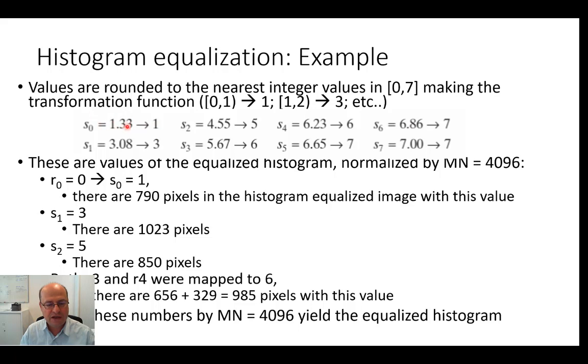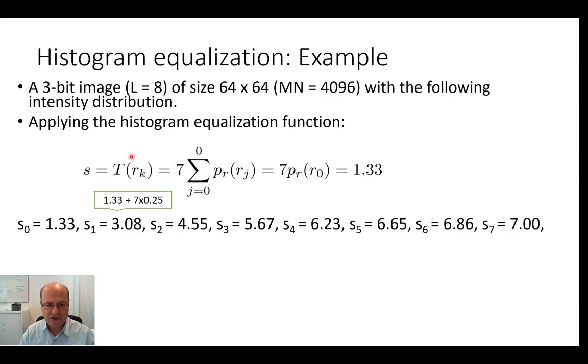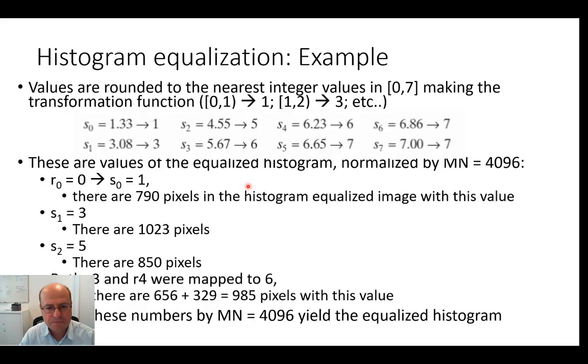Then in the output image, the values 0 are going to be mapped to 1, the values 1 are going to be mapped to 3, and the values 2 are going to be mapped to 5. And again, where did I get these values? By applying this function. It's only that. These are values of the equalized histogram. Then we normalize by the size of the image.